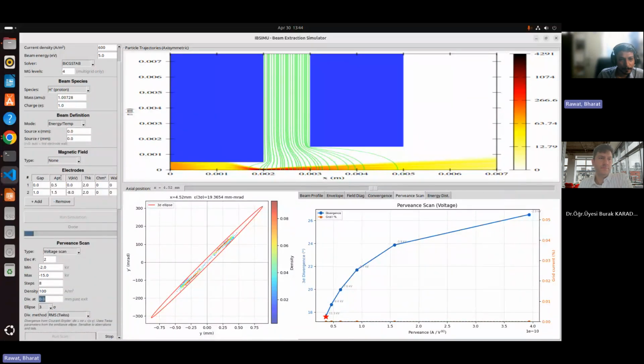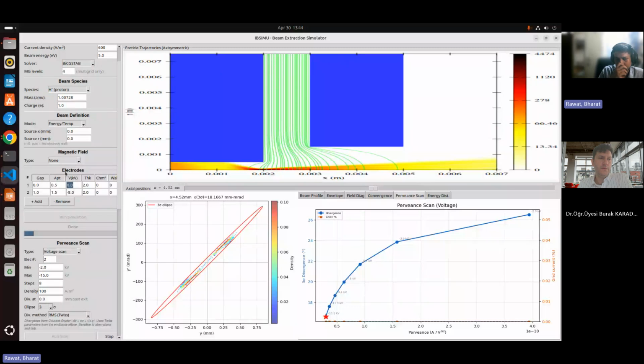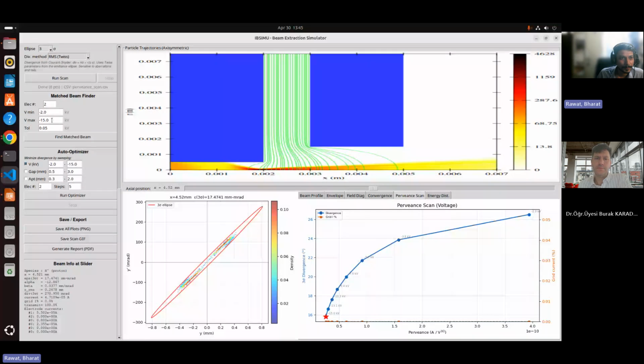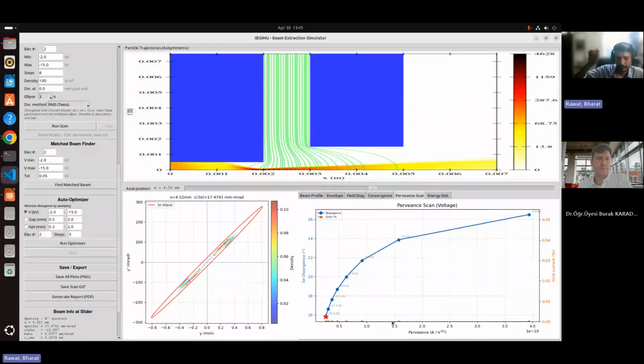And it is a bit different from the previous code because in this IBSIMU, you assume the plasma to be at 0, and with respect to the plasma, you define the potential on the grid. That's why you have grids at negative voltages. So it is a typical curve, but probably because the current value and the density value are a bit odd, you don't get this typical U curve.